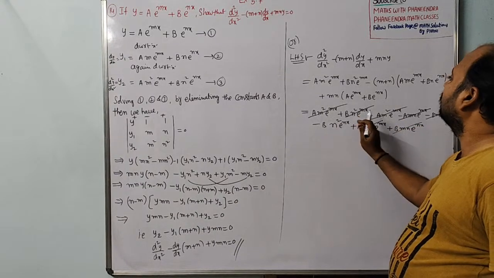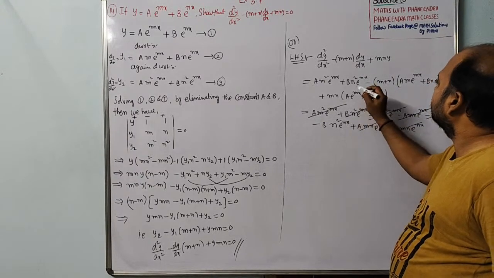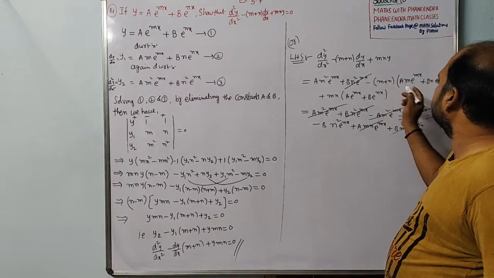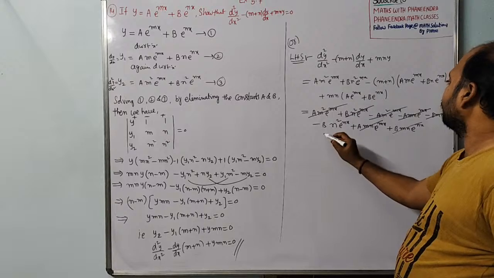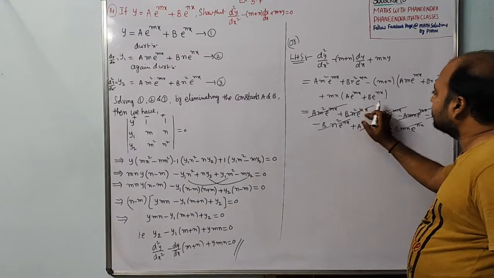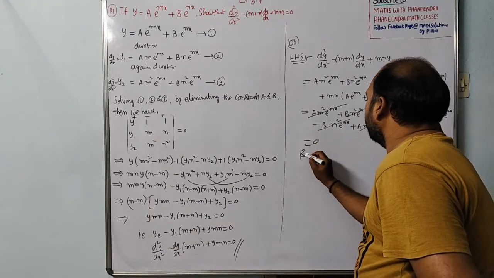This is e power nx, dear students. So that's all. That is right. Sorry, it is e power nx here and here, not e power x. So ultimately 0. This is required RHS.